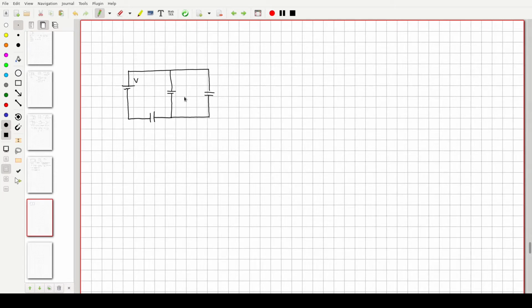So there's V. I'm going to call this C1, this C2, and this C3. Let's pretend our voltage in this case is 15 volts. We'll say C1 is 2.0 microfarads, C2 again is 2.0 microfarads, and C3 maybe is 4.